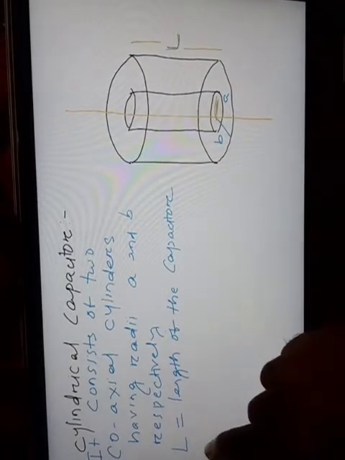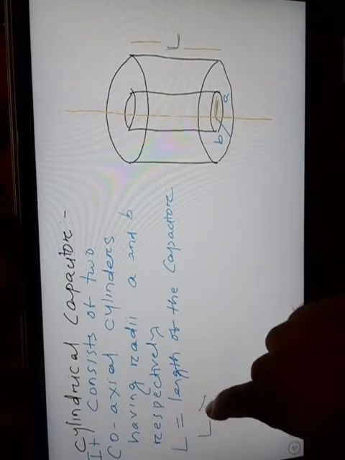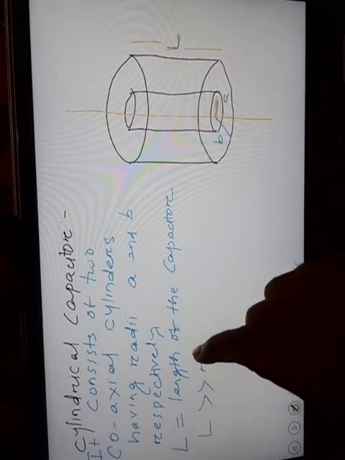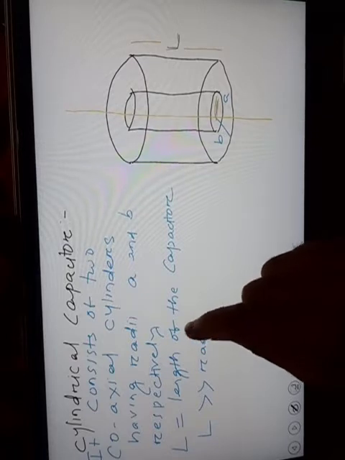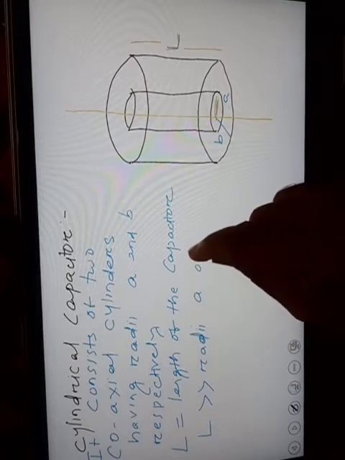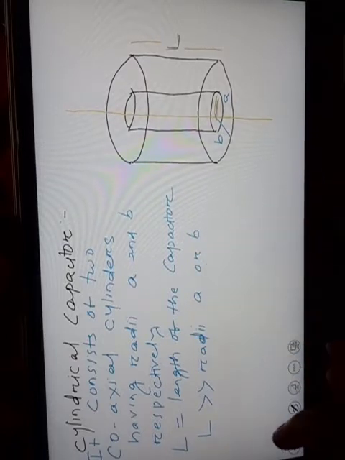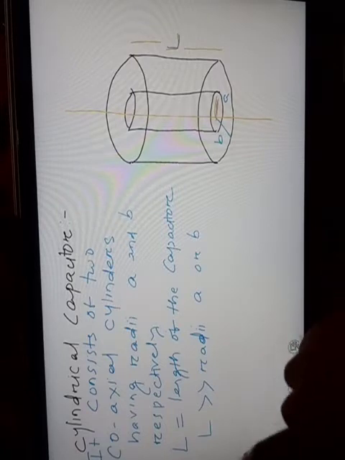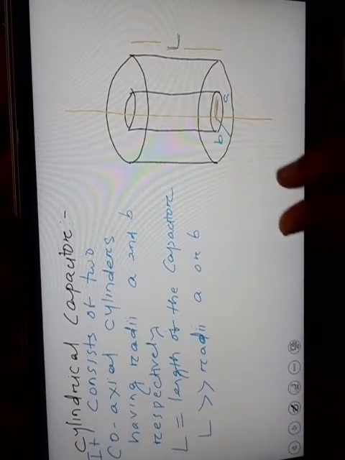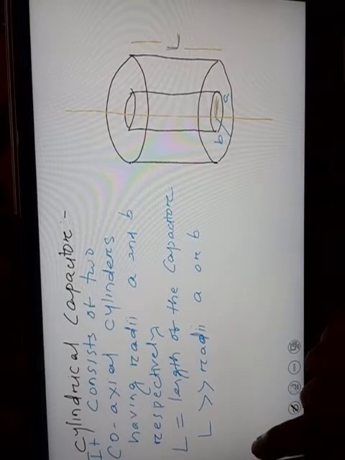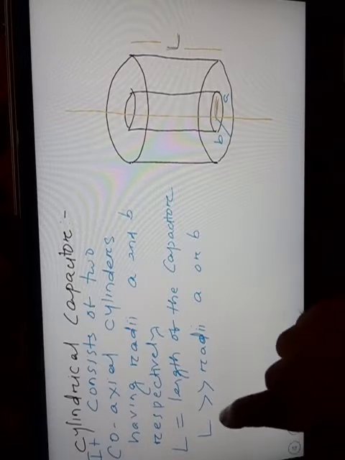Here L is very large compared to the radii a or b, because the space between the two cylinders is very small. There is just a very little gap between the two coaxial cylinders.